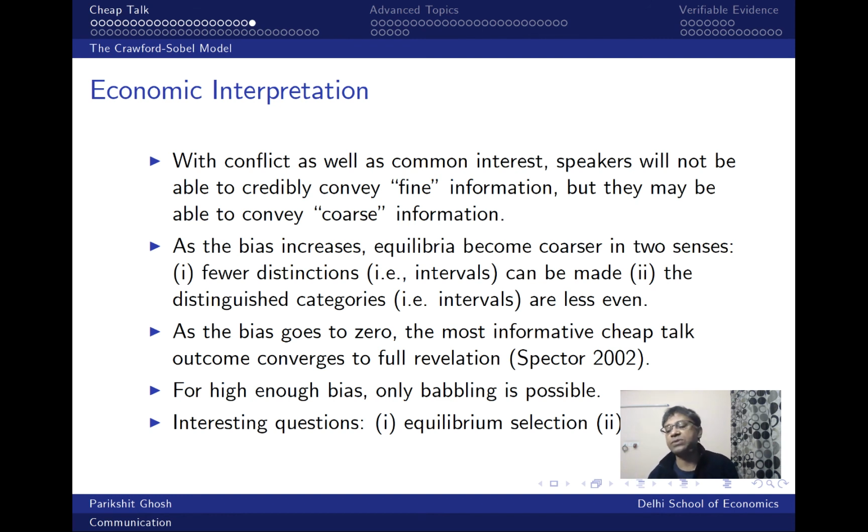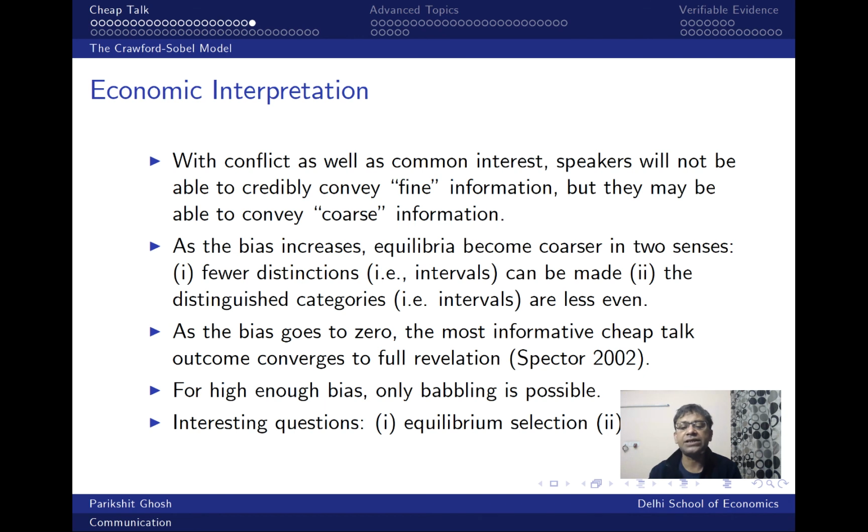Any game which has multiple equilibria always poses this problem: which equilibrium is more likely? Can we say anything about that? So that's one issue, and the second issue is welfare, and we'll have a lot to say about welfare. But in terms of equilibrium selection, Crawford and Sobel in their paper make the case that the equilibrium with the highest possible value of n is the one to look at. That seems more likely than the other equilibria.